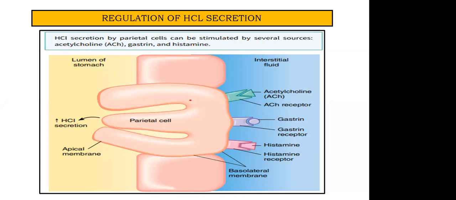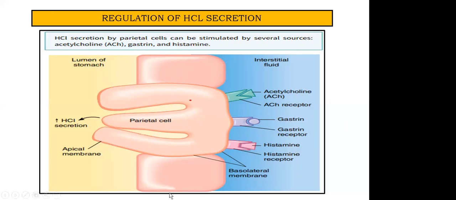Acetylcholine and gastrin stimulate the parietal cells to secrete more HCl in the presence of histamine. What it means is that histamine synergistically enhances the effects of acetylcholine and gastrin. And all these receptors are present in the plasma membrane of the parietal cells.